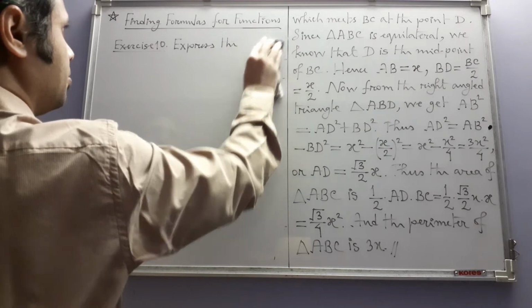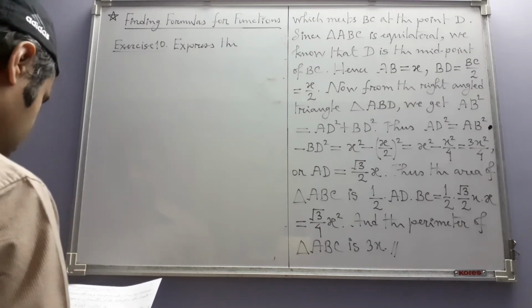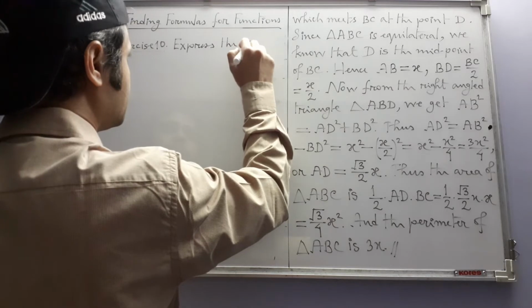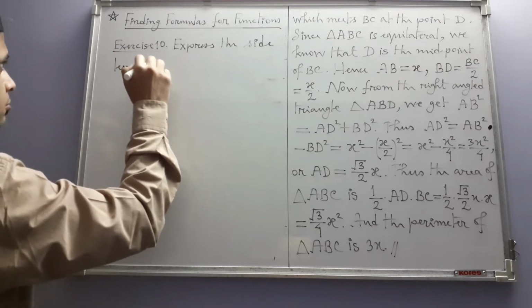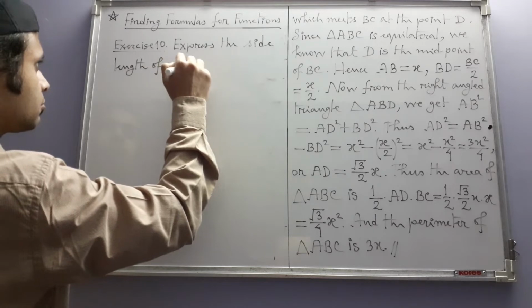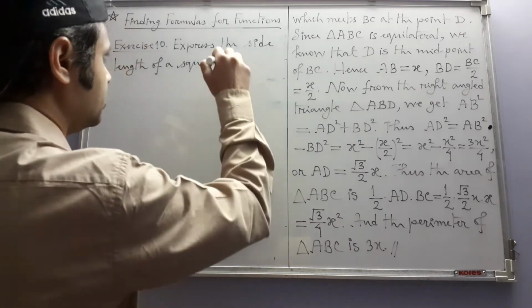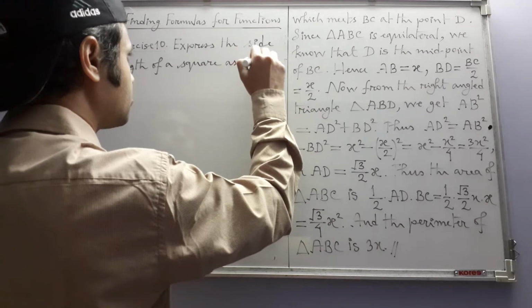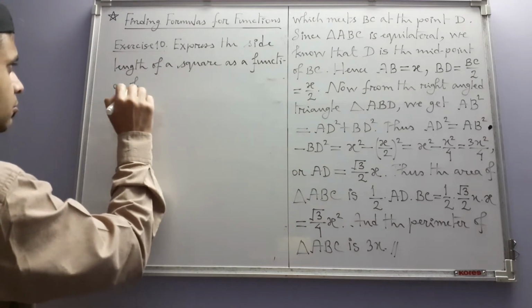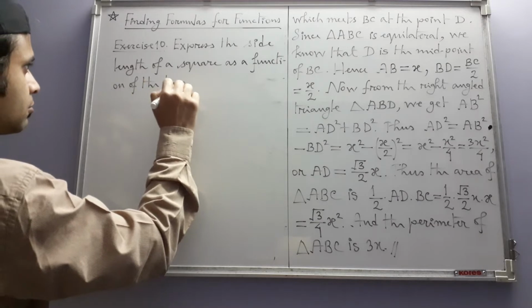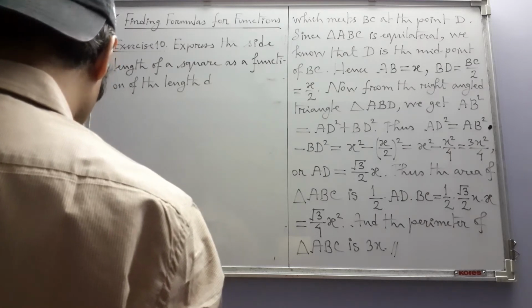Express the side length of a square as a function of the length d of the square's diagonal.